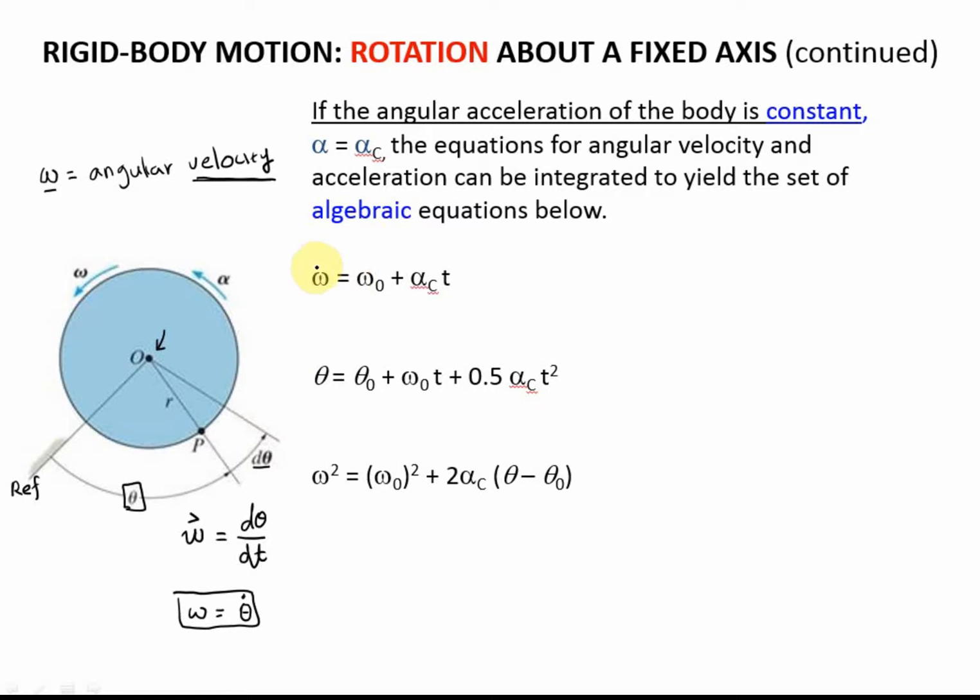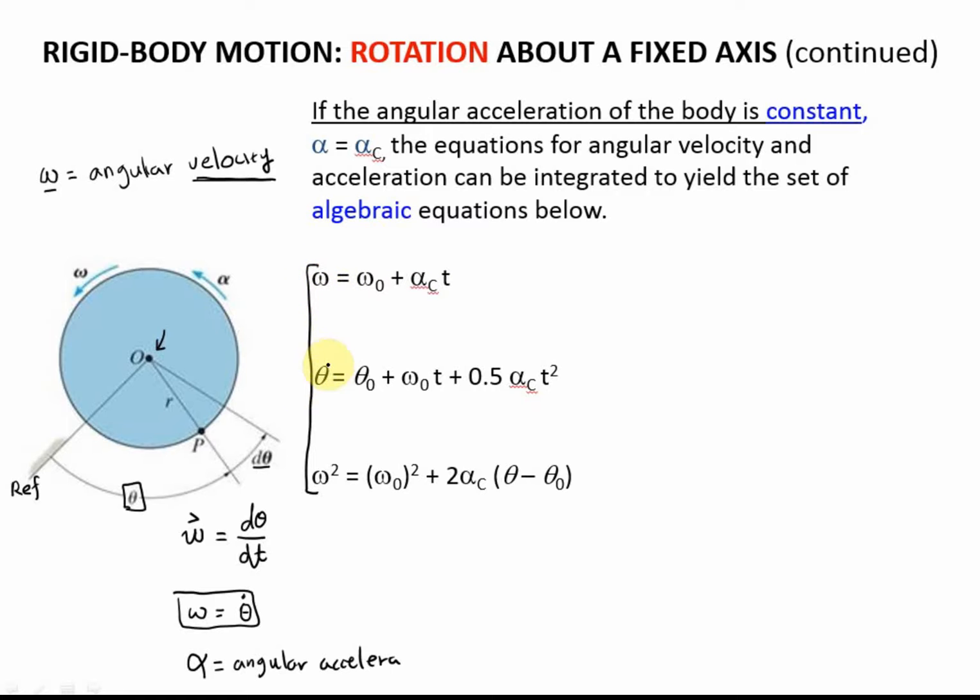On this slide, there are three kinematic equations of motion. If we know the angular acceleration, which is alpha, then omega equals initial angular velocity plus alpha times t, which becomes your current angular velocity.